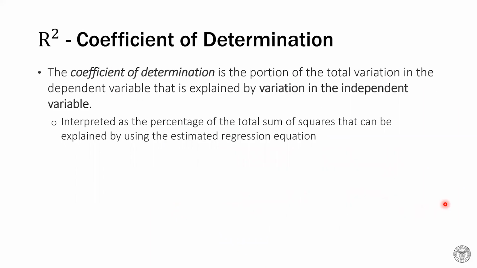We now define one very useful statistic to measure the quality of the regression model. That is the coefficient of determination, which is usually denoted as R squared. R squared represents the proportion of the variance for the dependent variable that is explained by an independent variable or variables in the regression model.